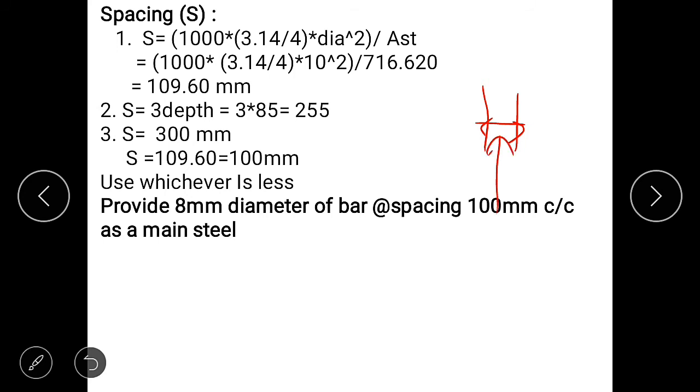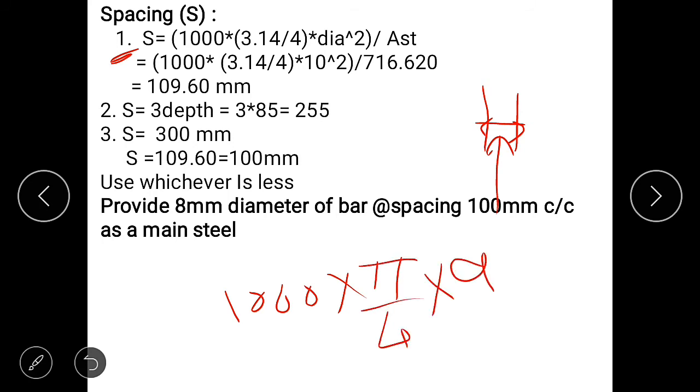Okay, so first point, to find spacing, the formula is 1000 into pi by 4 into d square divided by AST.